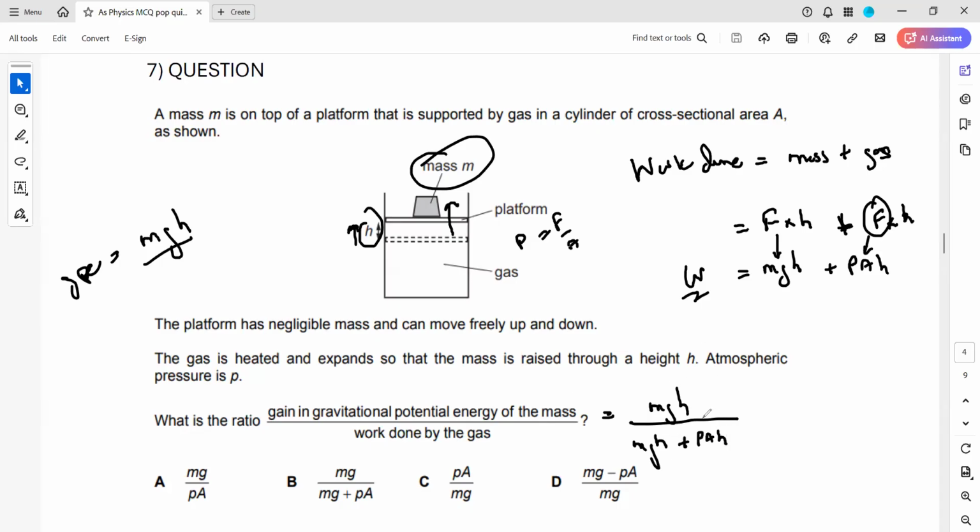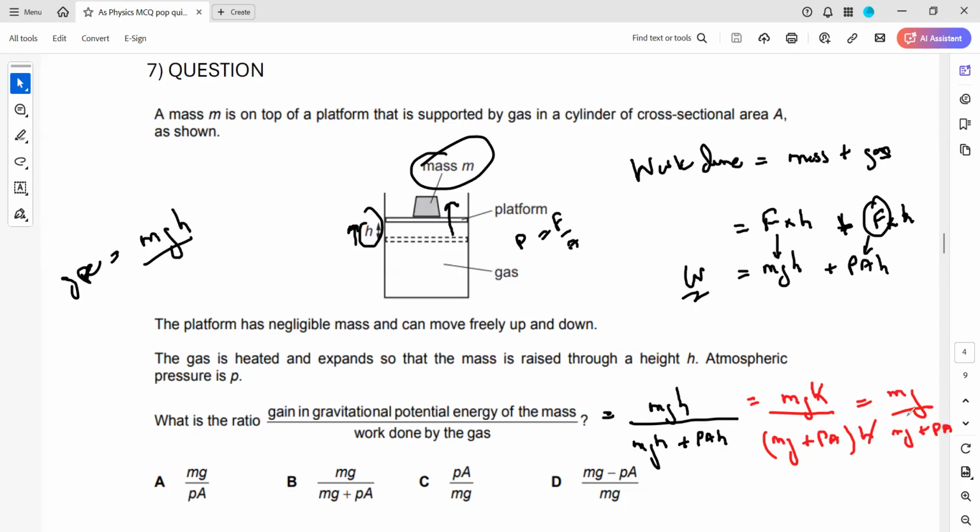So you can see height is common in the denominator, so I can take h common. So mgh divided by mg plus PA, and h I took common. H cancels, so it will become mg divided by mg plus PA.